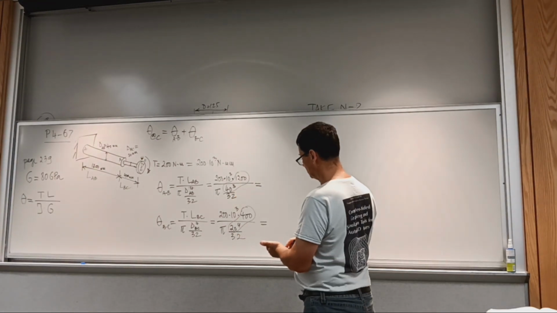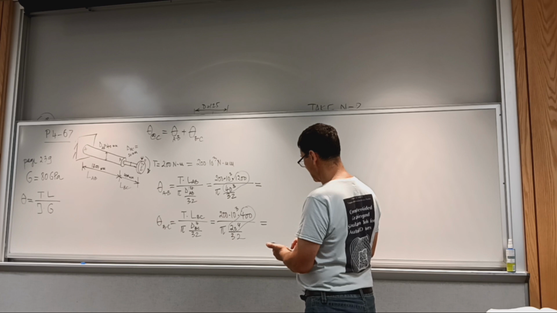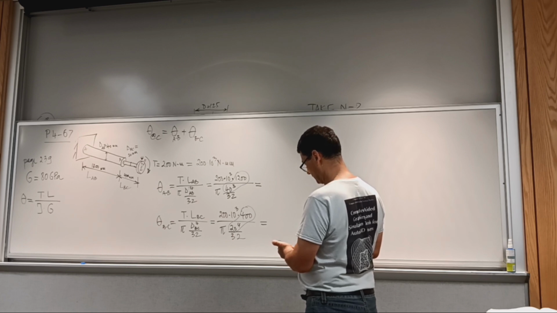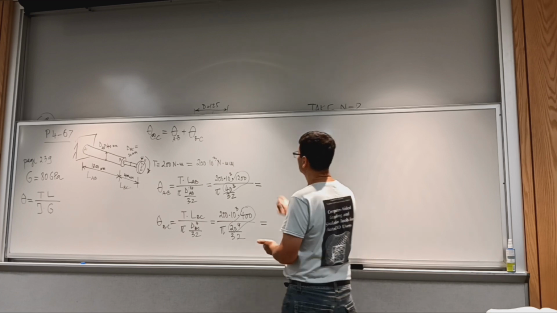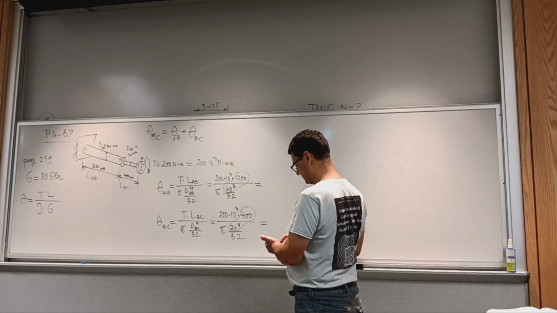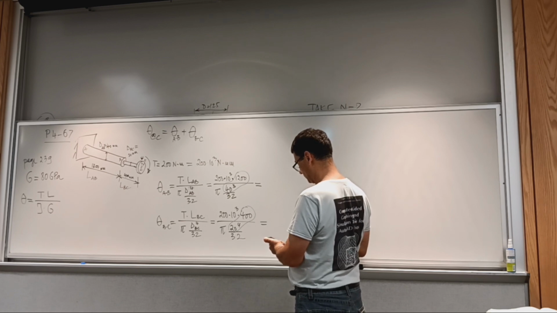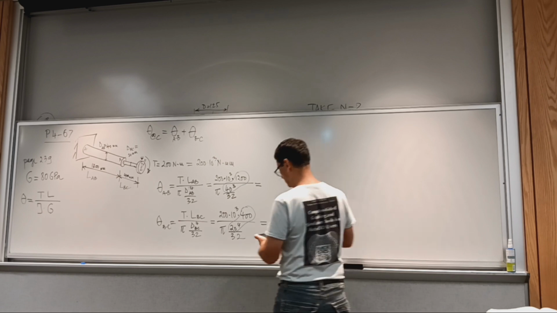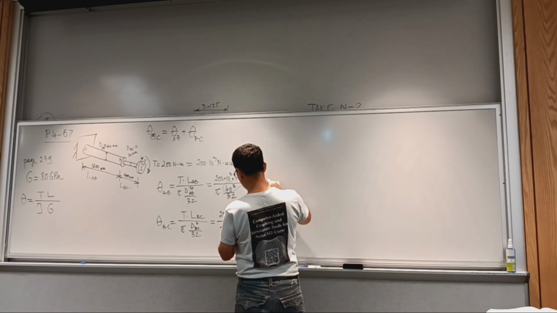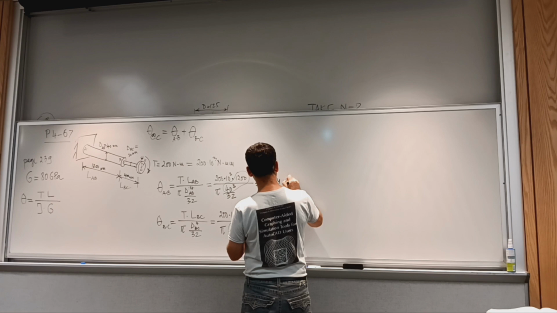So 200 exponent 3 over pi times 32 equals, and I put it in the memory, and then for this one I say times 1200 over 40 at power 4 equals, this is 954.9.